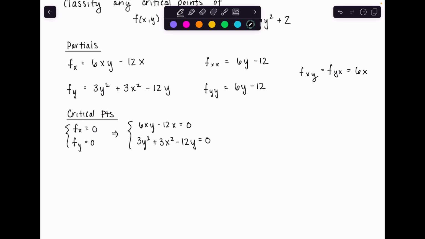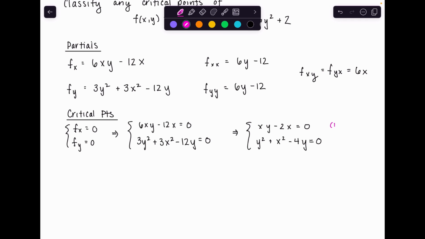Both of these I can clean up just a tiny bit to make my life easier, because these constants are both divisible by 6, and then here all of those are divisible by 3. So at least I can make them a little bit nicer. The first equation would be xy minus 2x equals 0. And then that is y squared plus x squared minus 4y equals 0.